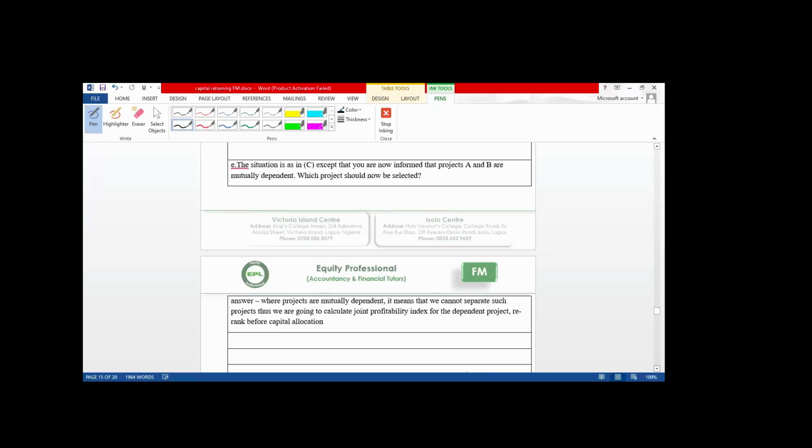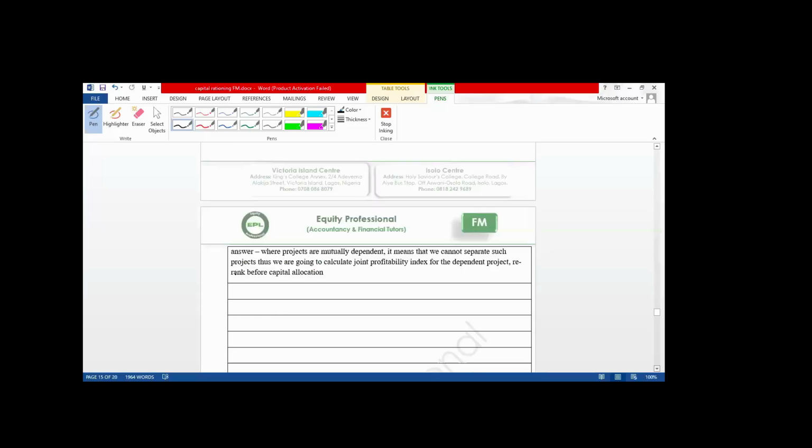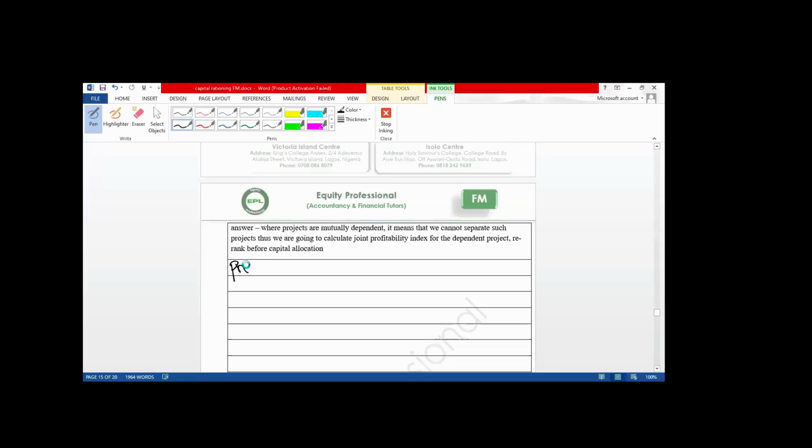In this case, we are going to recompute your profitability index. You come here. We have projects A and B. You have to combine them.